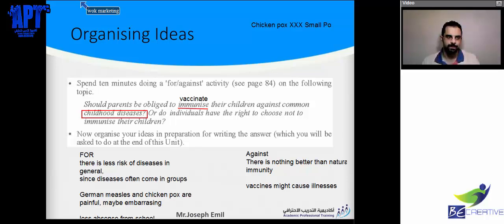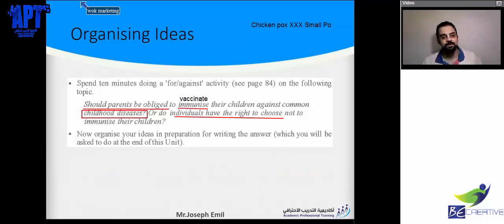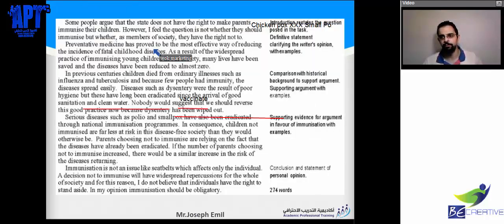First, should parents be obliged to immunize their children, or do individuals have the right to choose? Right? So the point here is not the benefits and the drawbacks of vaccines. It's actually, should parents be obliged or not? Should we force parents to immunize the children or not? So let's go for the main points here.